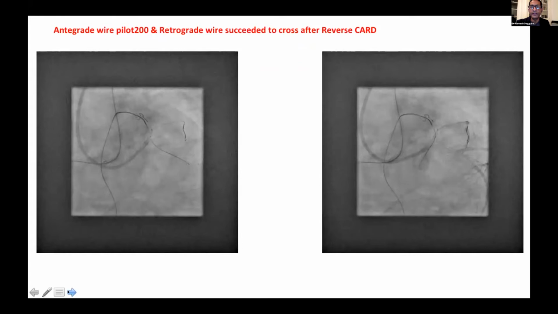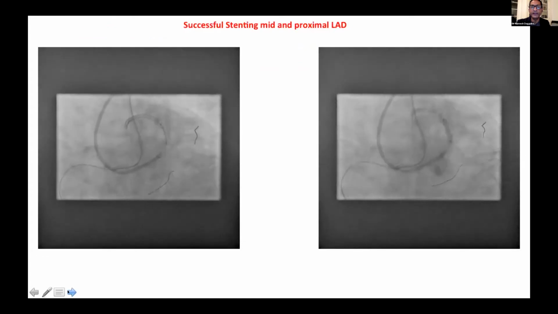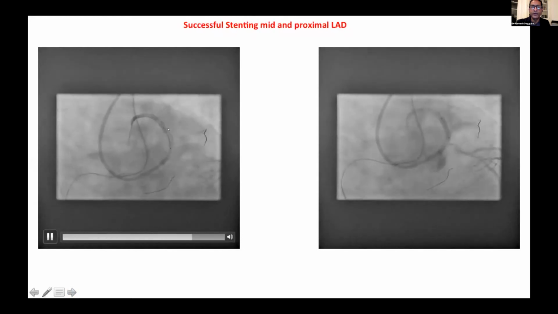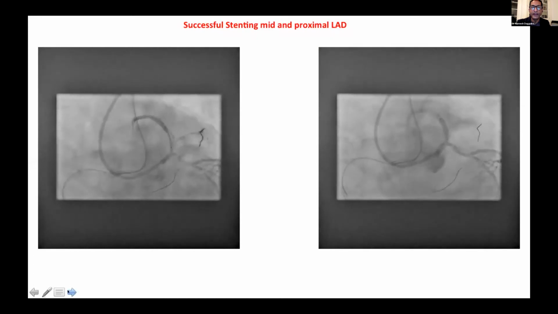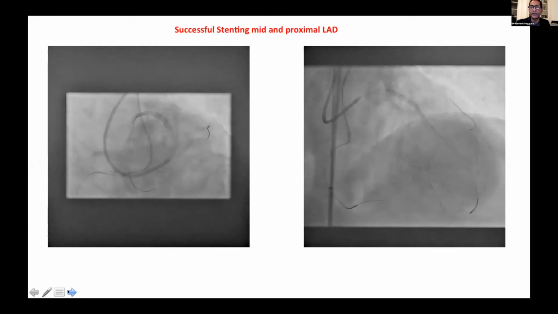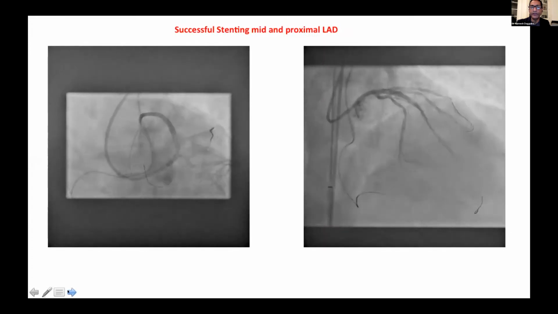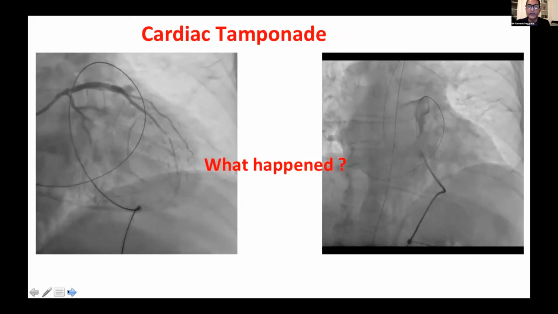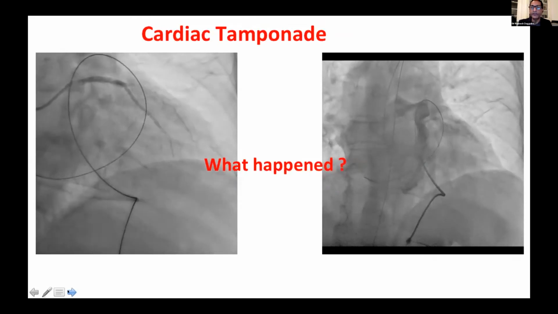This is a case that has been completed, stented the LAD. You should pay attention that there's something outside the stent near the carina of the LAD and diagonal. We did not pay attention, so it was stented, and we were very happy that we got a beautiful result. Later on, the patient developed cardiac tamponade and became hypotensive, and we recognized it.